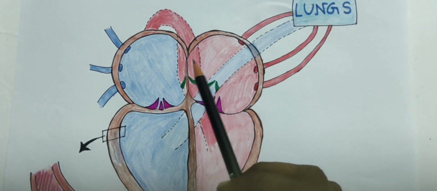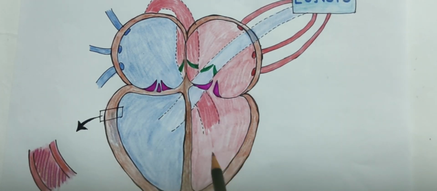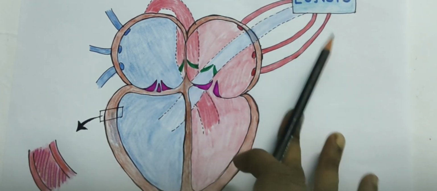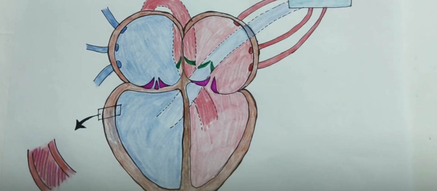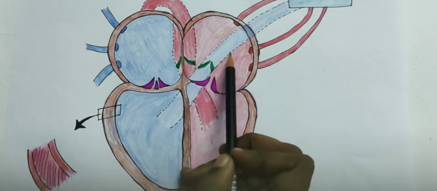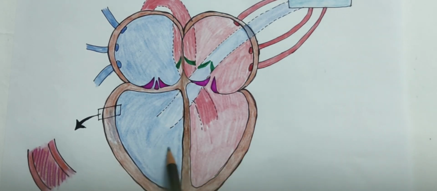Let's come to the structure. Our heart is a four chambered structure. There are four chambers. Look at my diagram: the upper two chambers are the auricles and the lower two chambers are the ventricles.